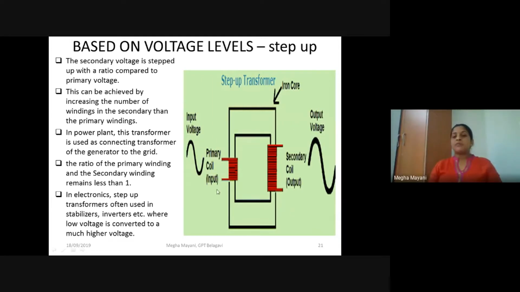So such types of transformers will be called as step up transformers. These are achieved by putting more turns in the secondary winding compared to the primary winding. Hence, the turns ratio, which will be number of turns in the primary to the number of turns in the secondary, will always be less than 1 for step up transformer.